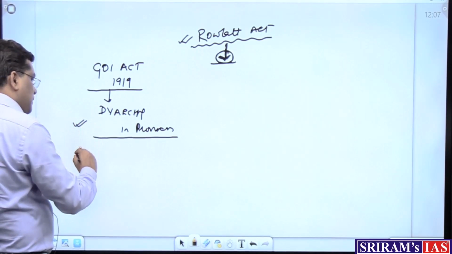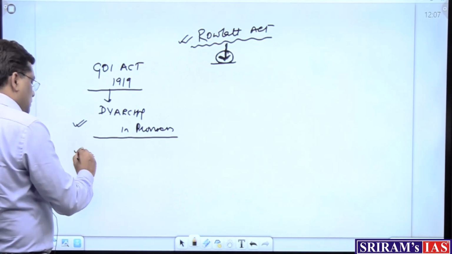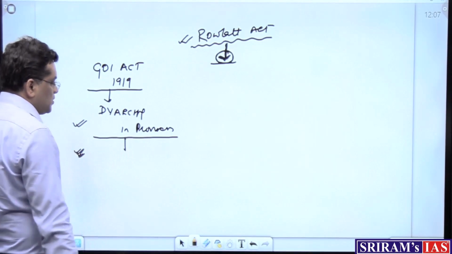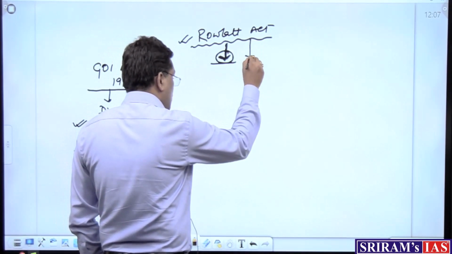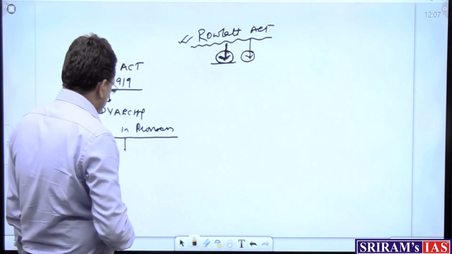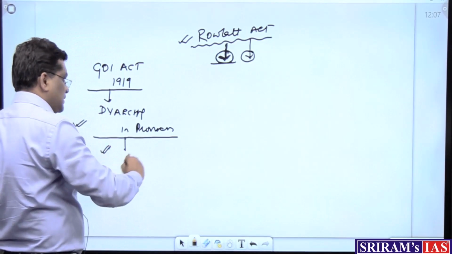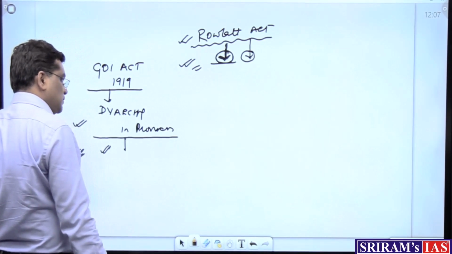And at the same time, the British government came with this draconian law called the Rowlatt Act. So this is the carrot and this is the stick. So the Rowlatt Act was brought into force.